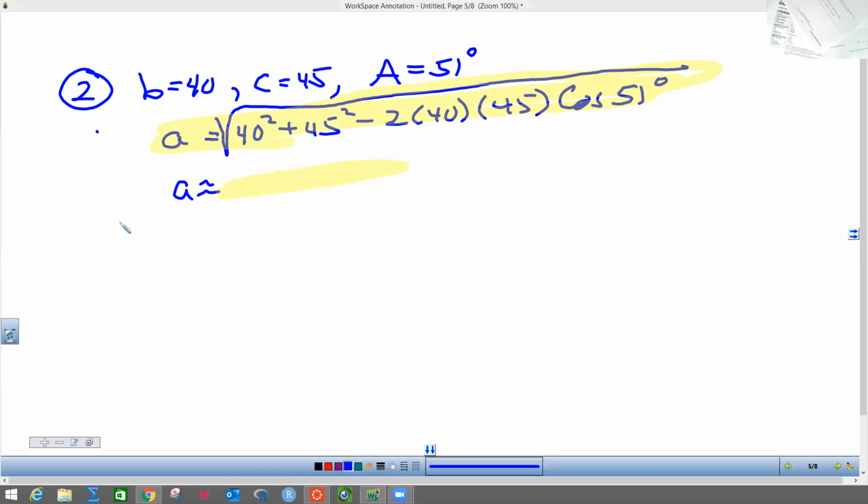Will someone tell me what you got? What'd you get? You should have been able to type it in by now, hadn't you? 40.139. Anybody verify?